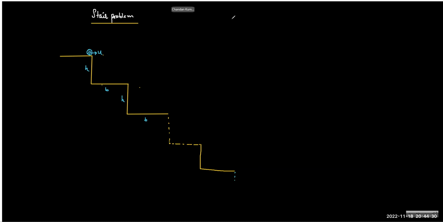And imagine it is falling at the edge of the nth step. So this is called the first, second, nth step. So this is given to you that it is hitting the nth step just at the edge. So find the u.